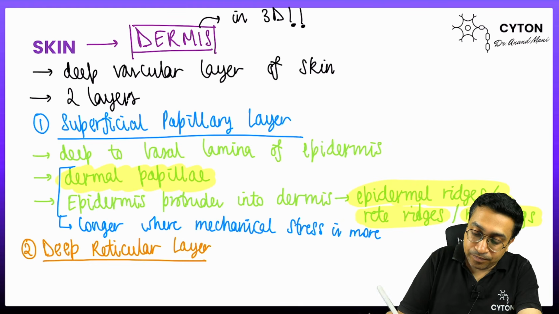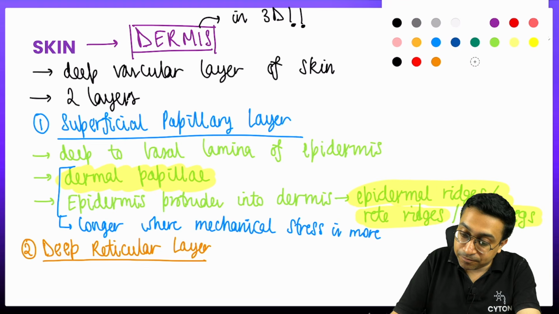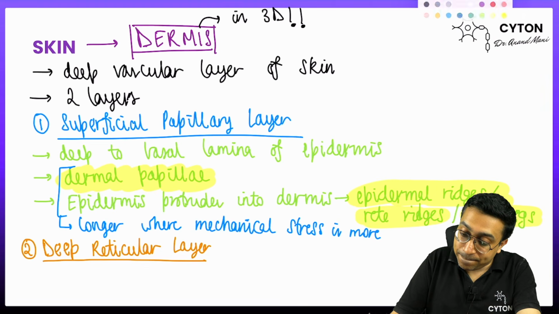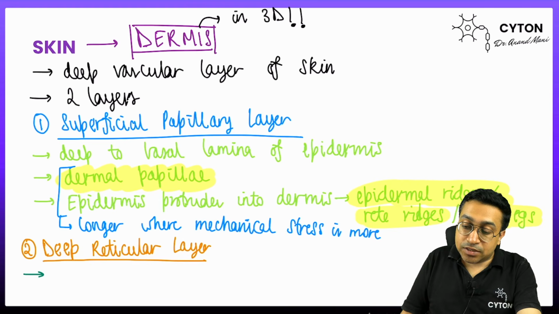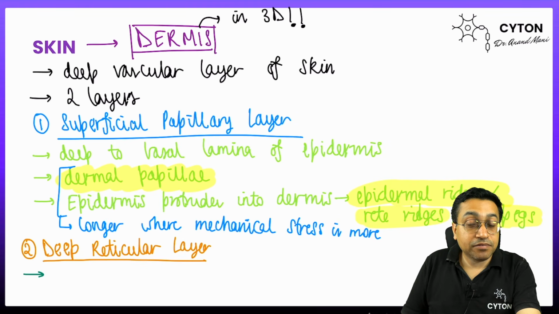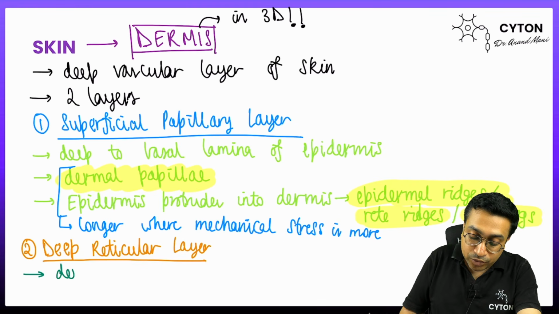Now this deep reticular layer, very important classically, is the one which lies deep to the papillary layer, and it has dense irregular connective tissue.